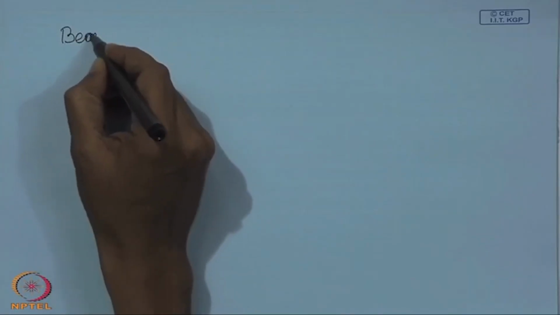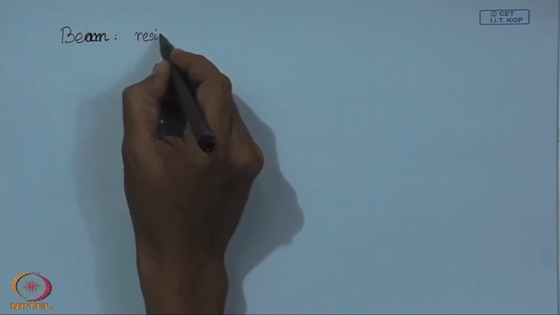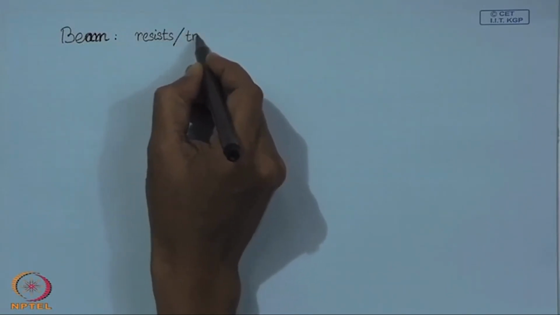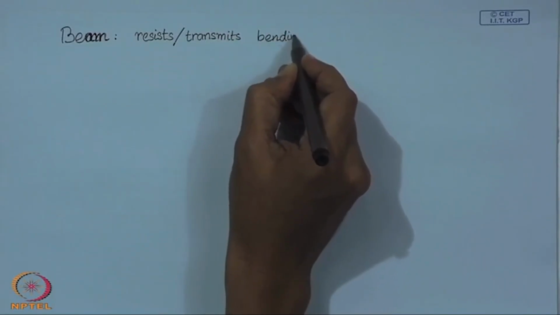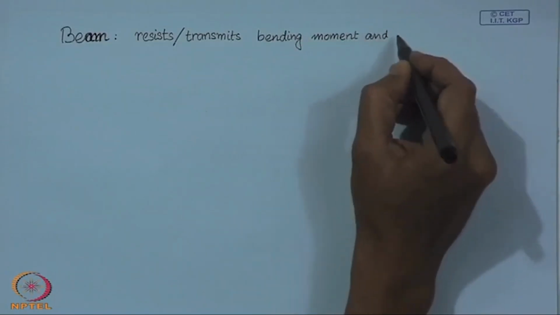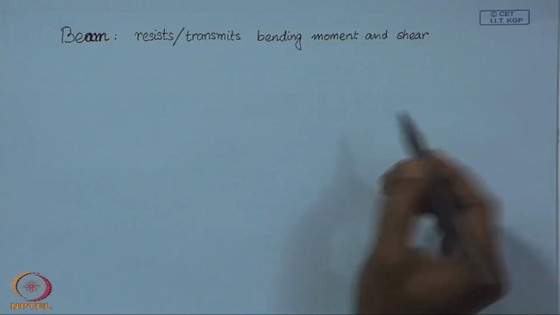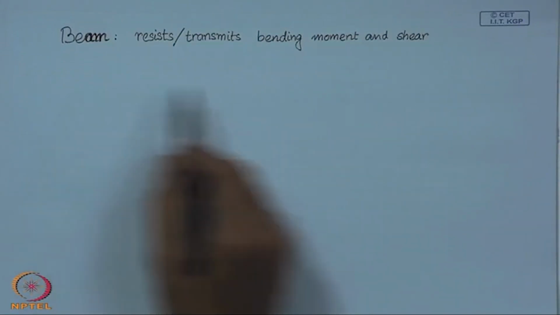Now, a beam is a one dimensional elastic continuum which can resist or transmit bending moment and shear. So, a beam can resist or transmit bending moment and shear, and it is a one dimensional elastic continuum.